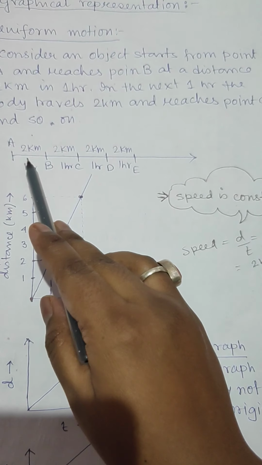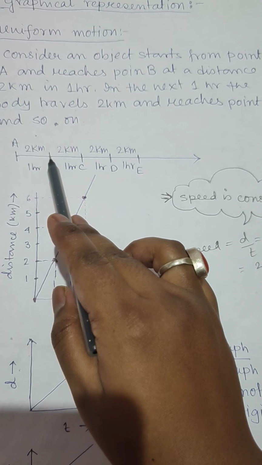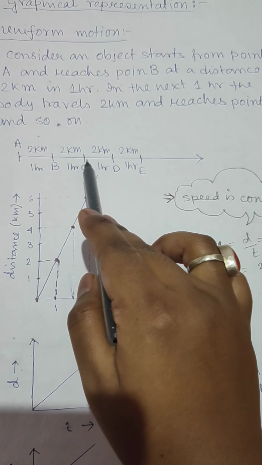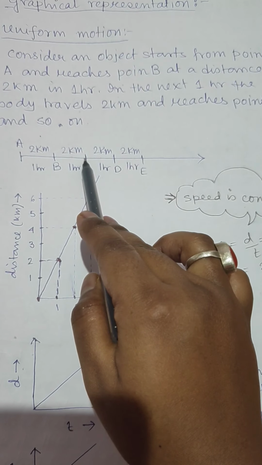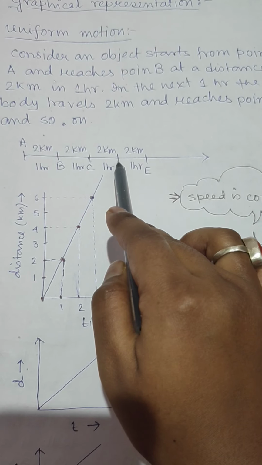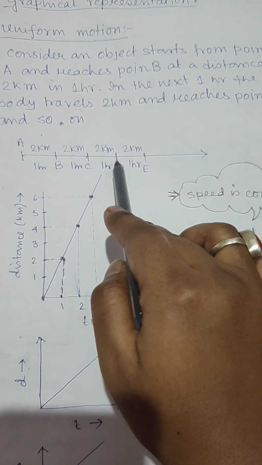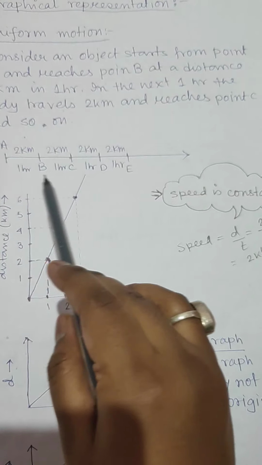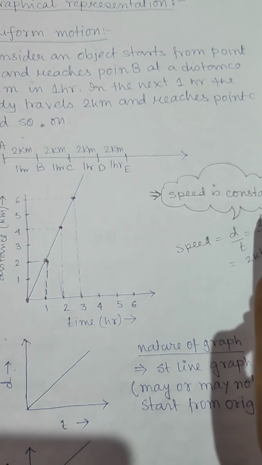Here also we get 2 km per hour. When the body goes from B to C, it also has a speed of 2 km per hour. From C to D also it has a speed of 2 km per hour. So in the case of uniform motion, the speed is always constant.